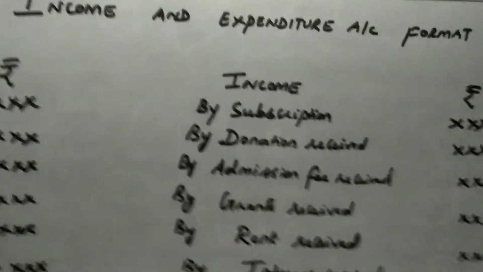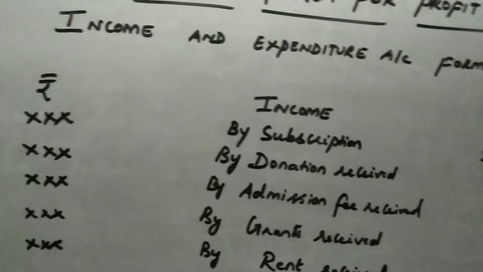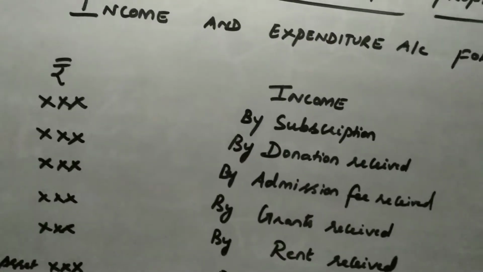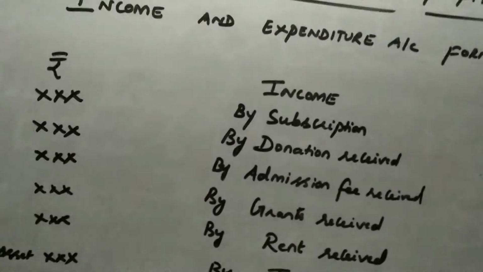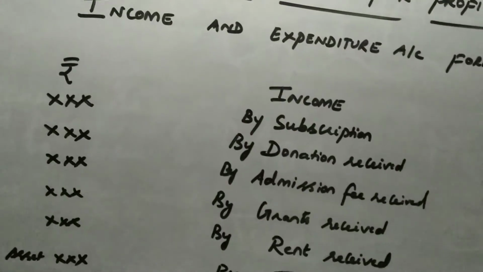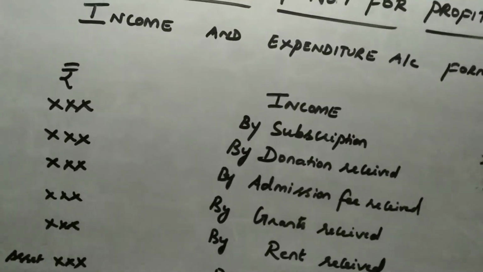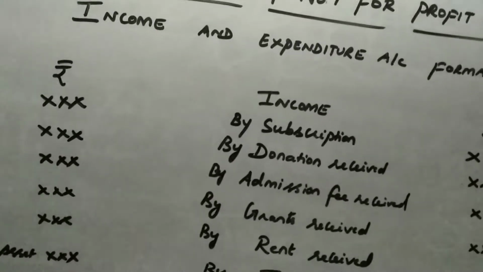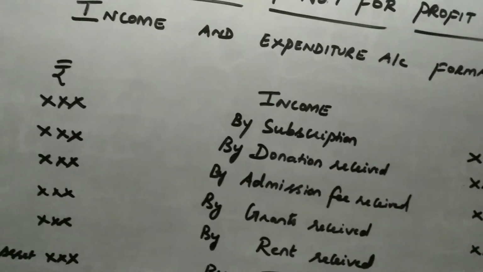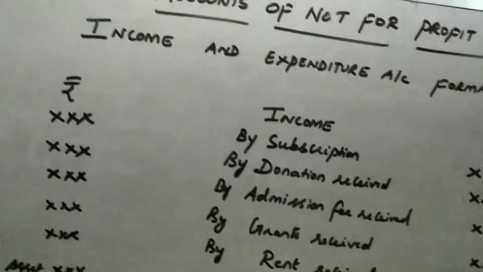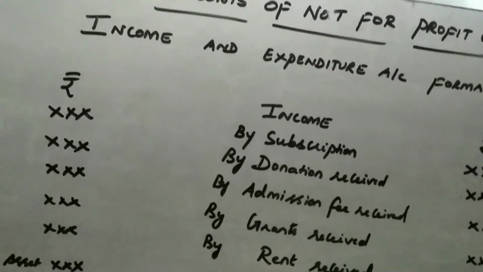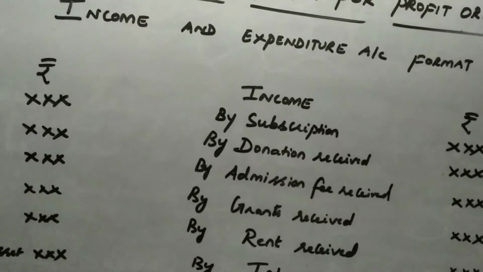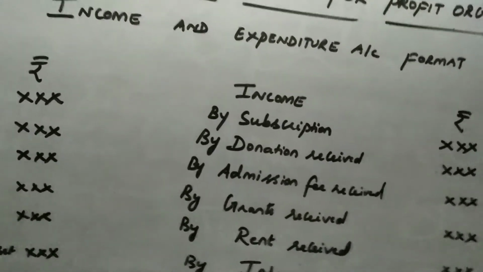If it is a grant received for the construction of a building or for the purchase of any asset, then that will be treated as a capital receipt. Able to understand? So you must be very careful.